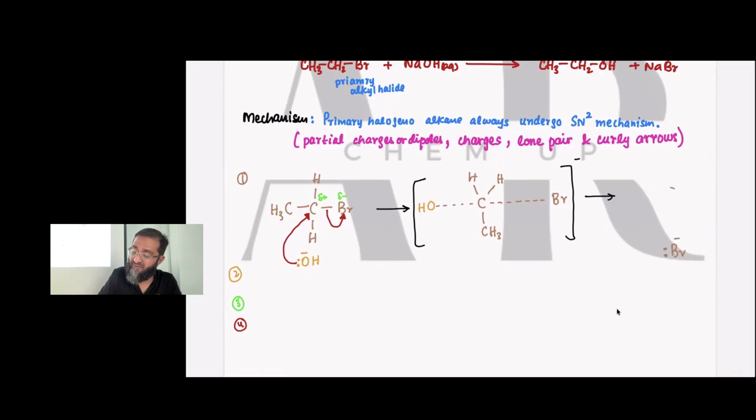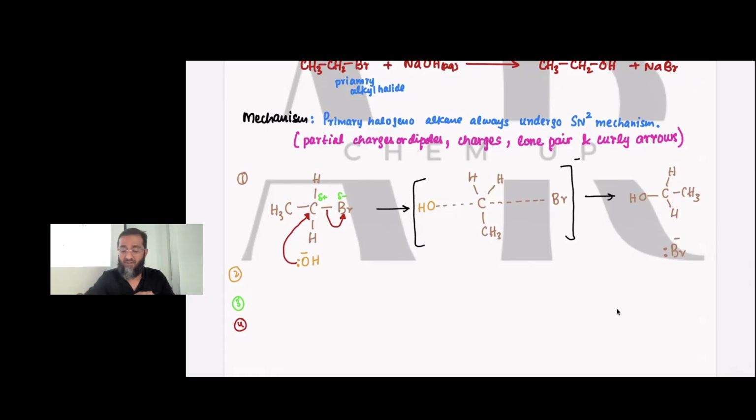And then what are we left with? We are left with carbon, which is bonded to CH3. It has two hydrogens, and now it got the OH. So that is the mechanism. That is the SN2 mechanism. The primary halogenoalkane does this.